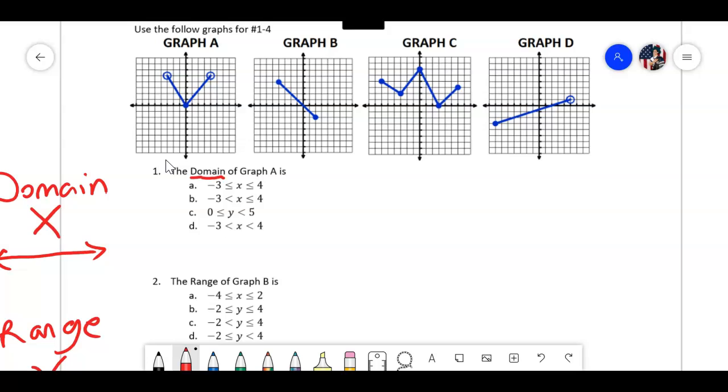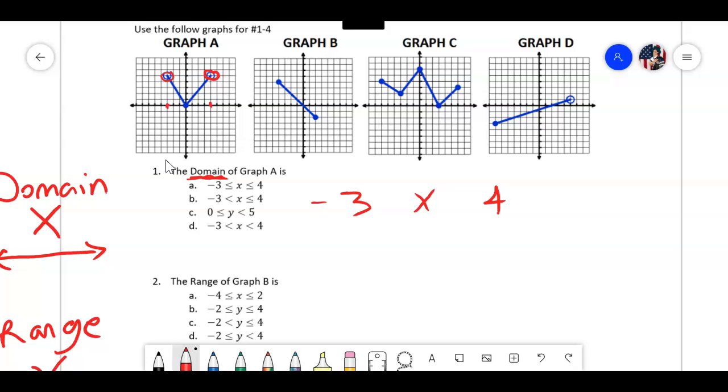So from left to right, from here to here, that's how far left and how far right it goes. And those are open circles, okay? So as far left as it goes is -3. As far right as it goes is +4, okay? Since it's domain, it's x in the middle.